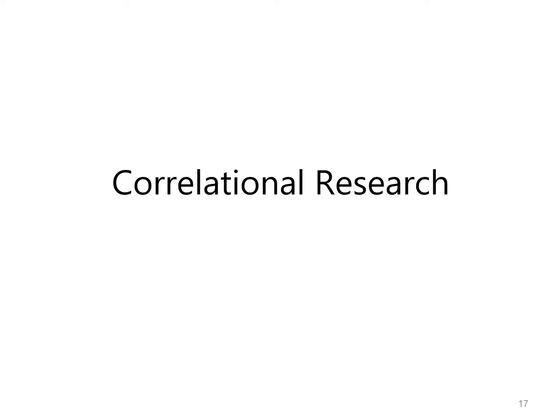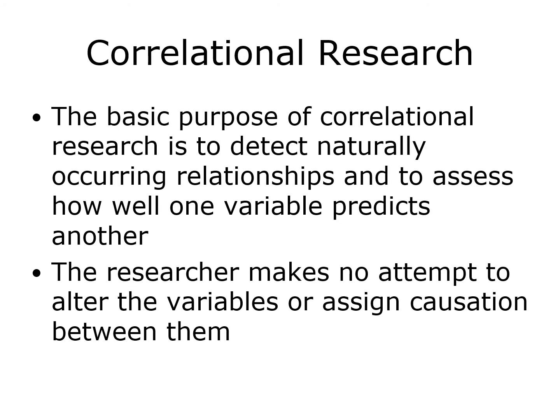Okay, next we move into correlational research. Correlational research is very different and used in a different way than observational research. The basic purpose of correlational research is to detect naturally occurring relationships and to assess how well one variable predicts another.